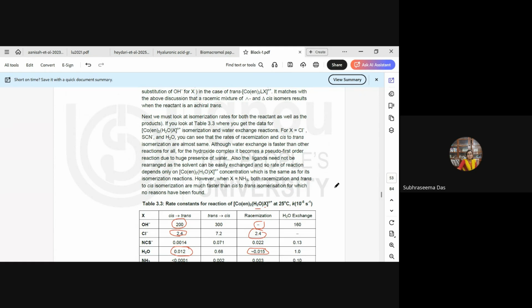Although the water exchange is faster, particularly for the hydroxido, the OH minus complex, it becomes pseudo first order due to the presence of excess water. Because of the high amount of water in our solution, the rate constant for racemization is difficult to evaluate.